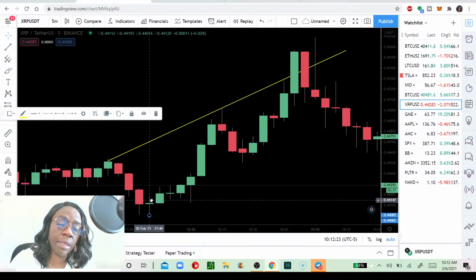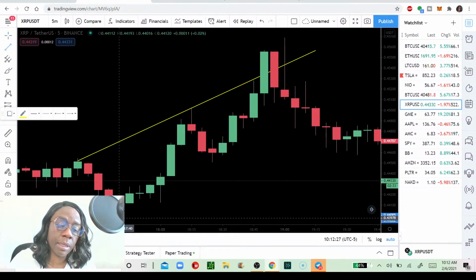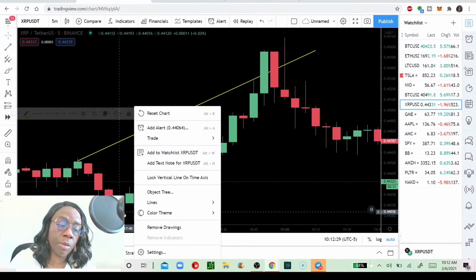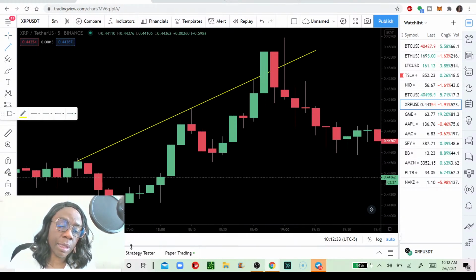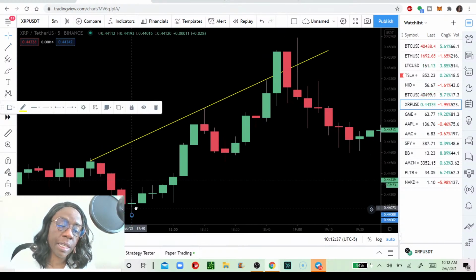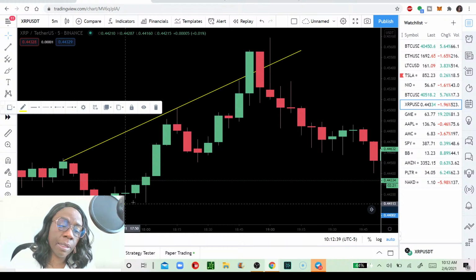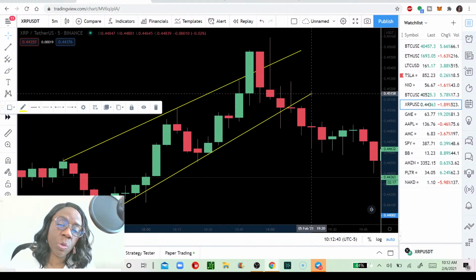And then select again, and then go from, okay, I'll get it right the third time. Select, and then now we're trying to catch the swing lows.